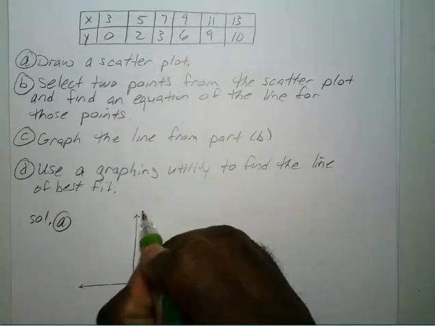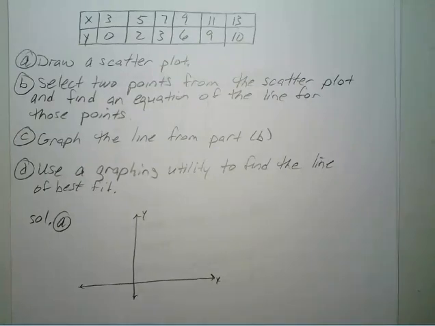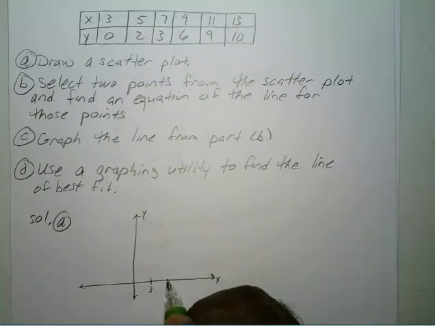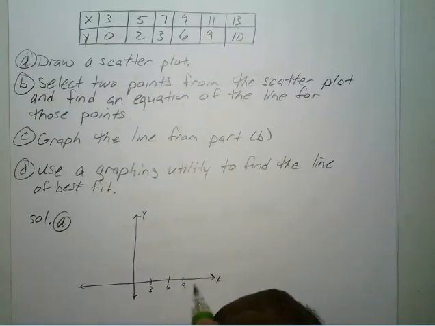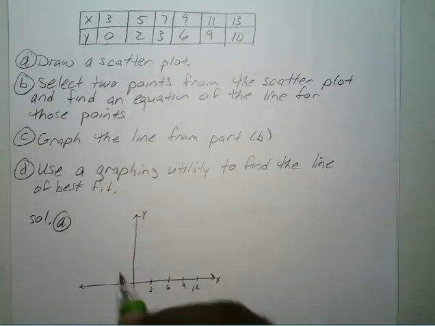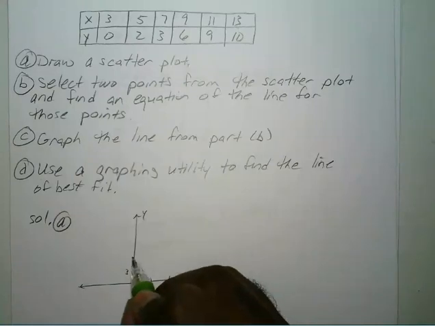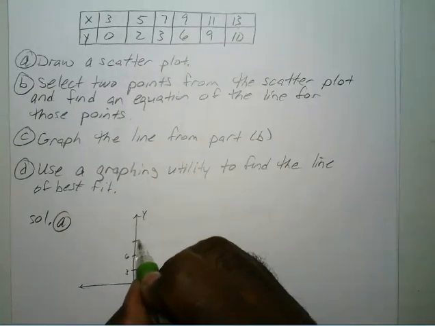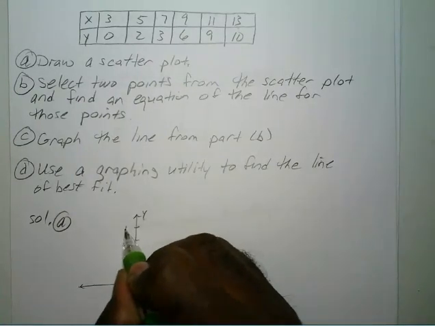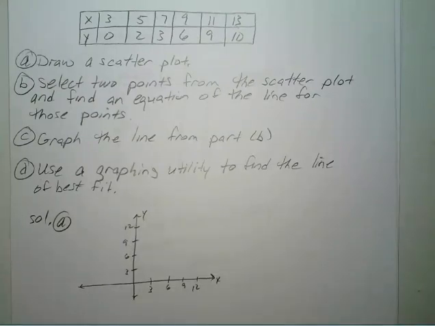You have your X and you have your Y. Let's say it's 3, 6, 9, 12, and 3, 6, 9, and 12. It's a nice scale.